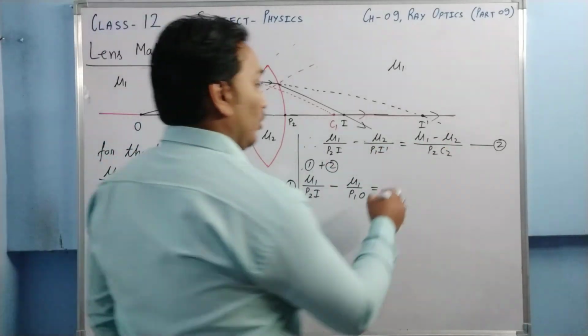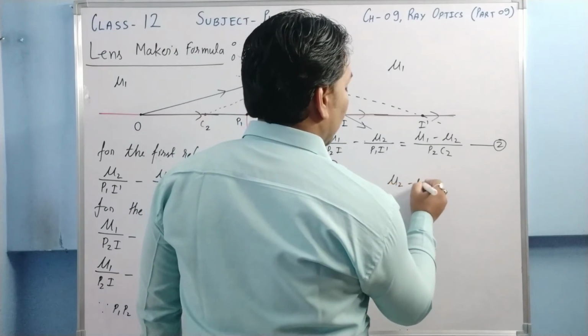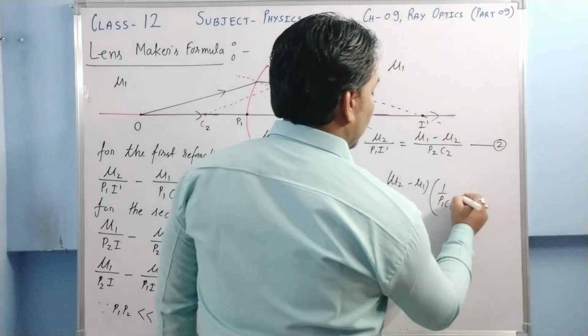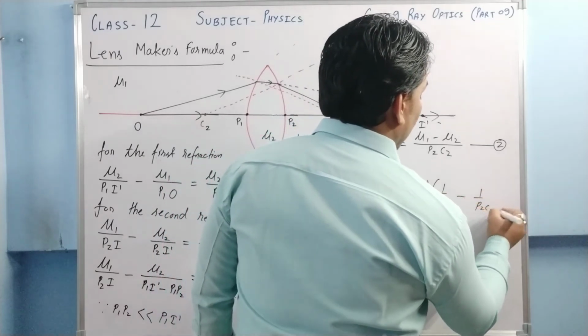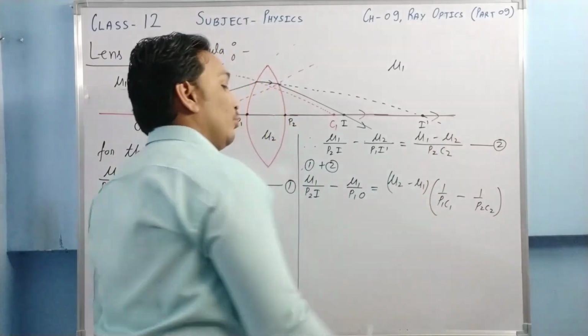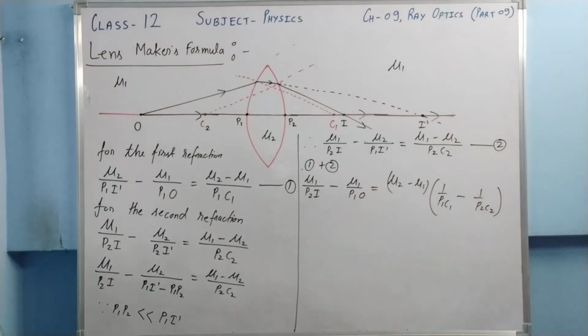I am going to take mu2 minus mu1 as common. So I am left with 1 upon P1C1 minus 1 upon P2C2. This negative sign is there because it is mu1 minus mu2 and I have taken mu2 minus mu1 as common. Okay.